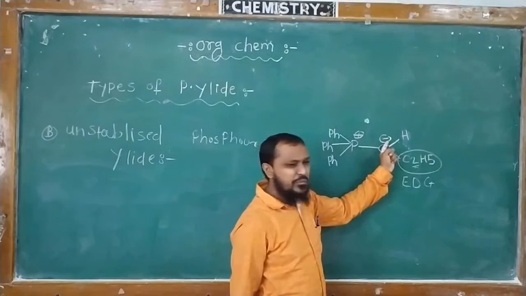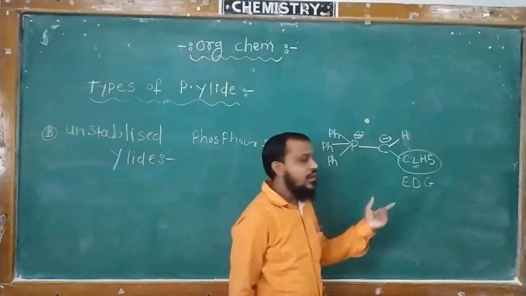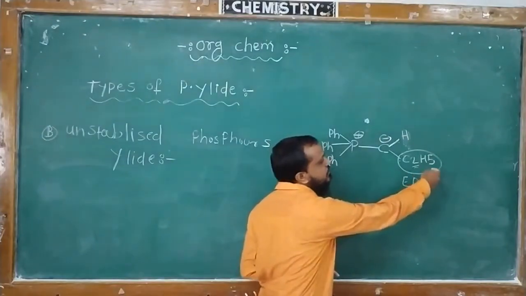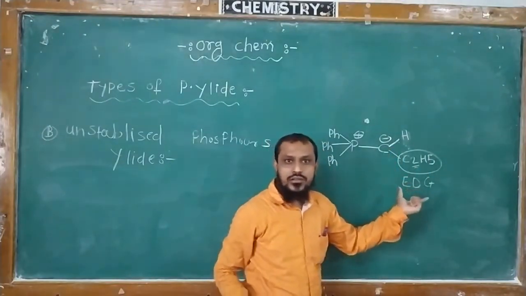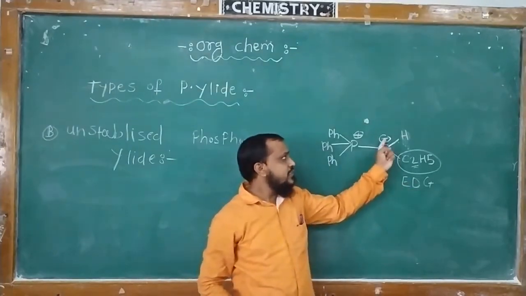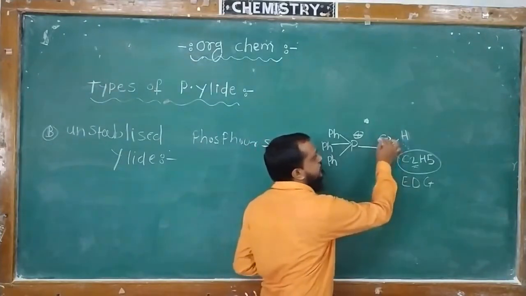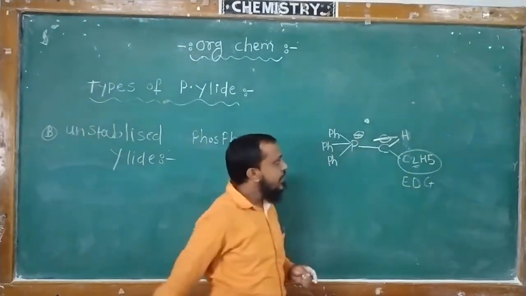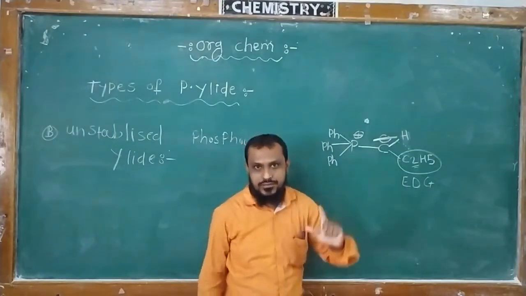Here the carbon is already an electron-rich species, and also C2H5, an electron donating group, donates its electron cloud, due to which the negative charge of the carbon will increase, and the carbon becomes highly unstable.